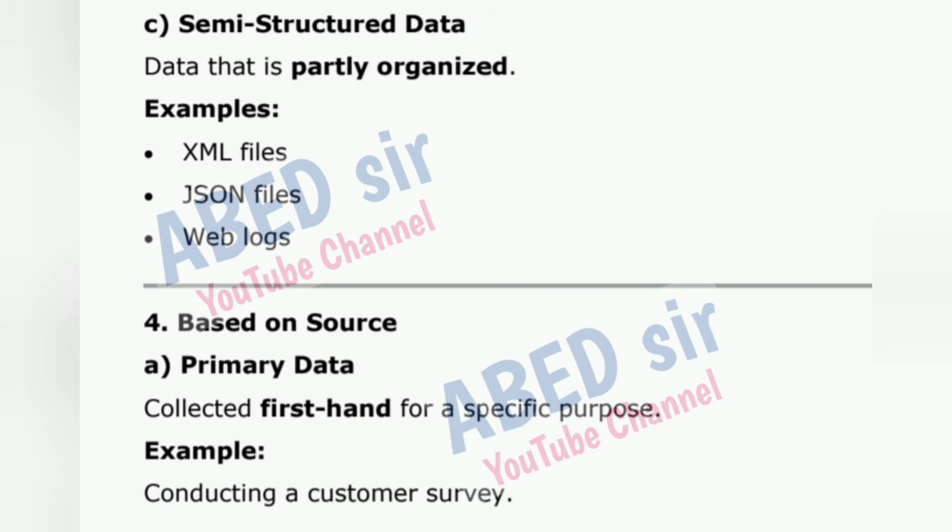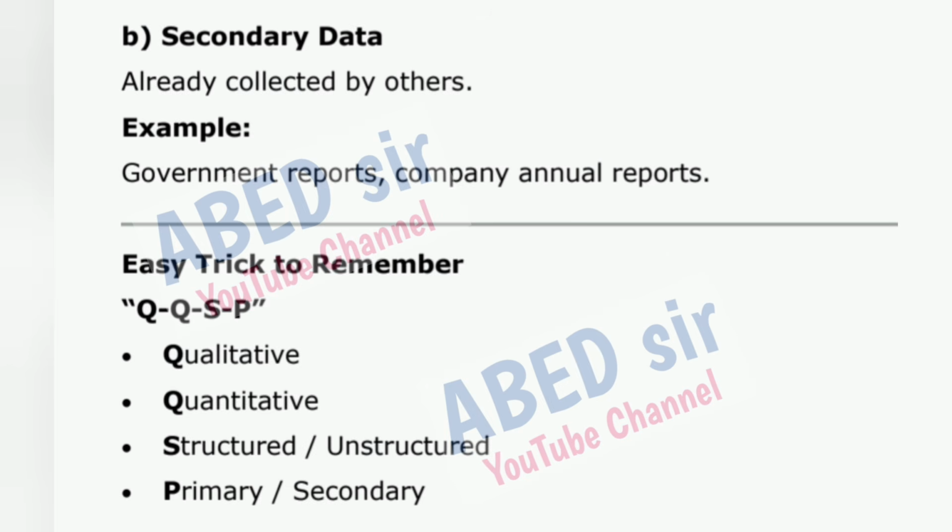4. Based on source. A. Primary data. Collected first-hand for a specific purpose. Example. Conducting a customer survey. B. Secondary data. Already collected by others. Example. Government reports, company annual reports. Easy trick to remember. QQSP.